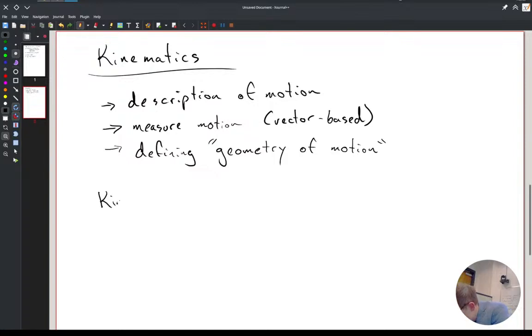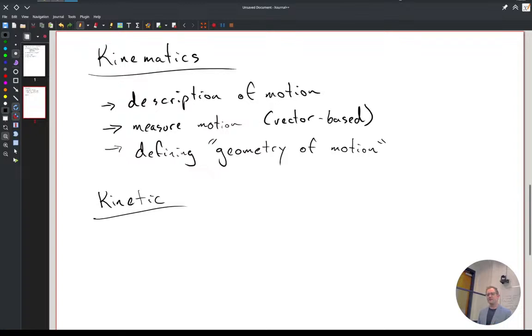Okay. So if that's describing our motion, why did I write the same word twice? What is kinetic? What makes it a kinetic thing? So you introduce a force into the geometry of motion.